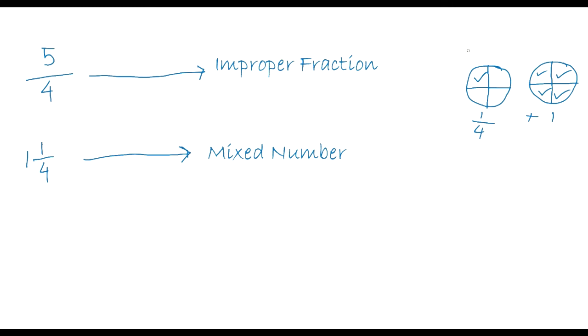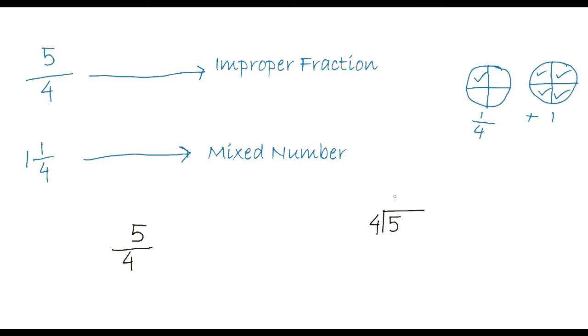You can do it with this kind of visual presentation, but there is a very easy way to do it. Suppose you have an improper fraction, that is 5 on 4. All you have to do is divide 5 by 4.